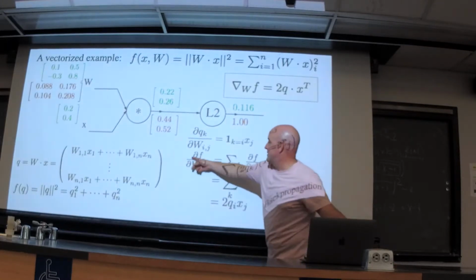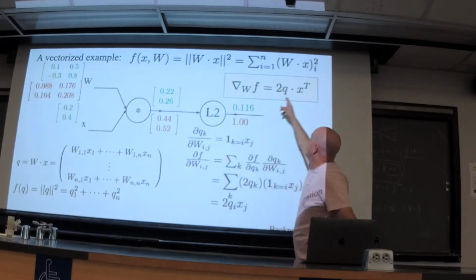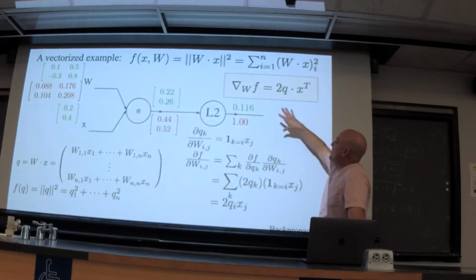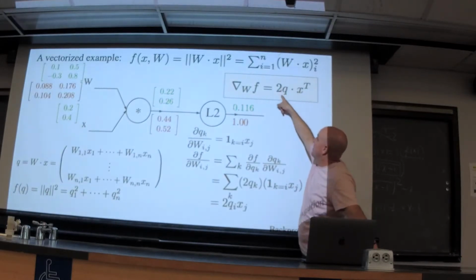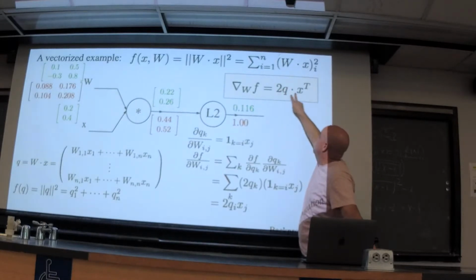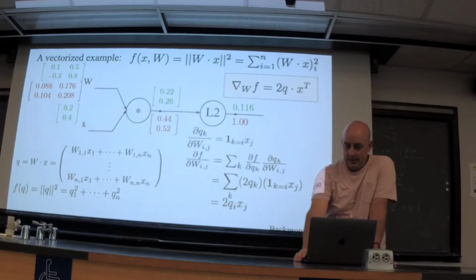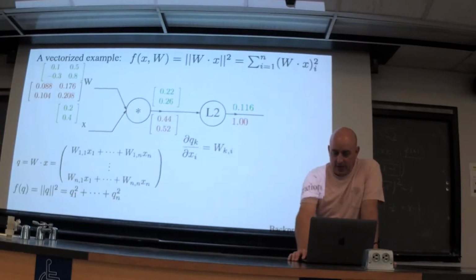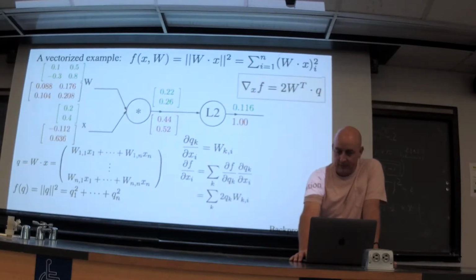These are all the partials of f with respect to the entries of W. But if we write that down in a vectorized format, it just looks like this: the gradient of f with respect to q, times the gradient of q with respect to W. Yes, always check. We can do this math the other way around as well.